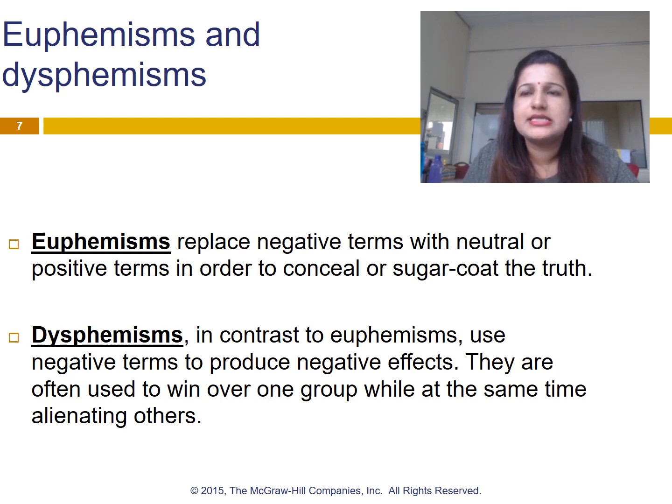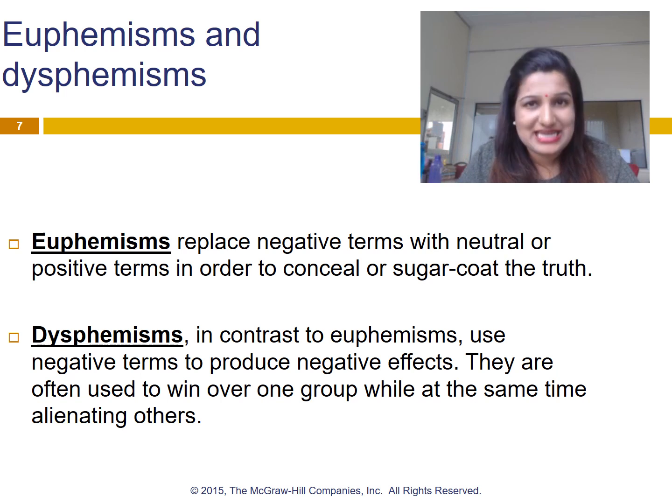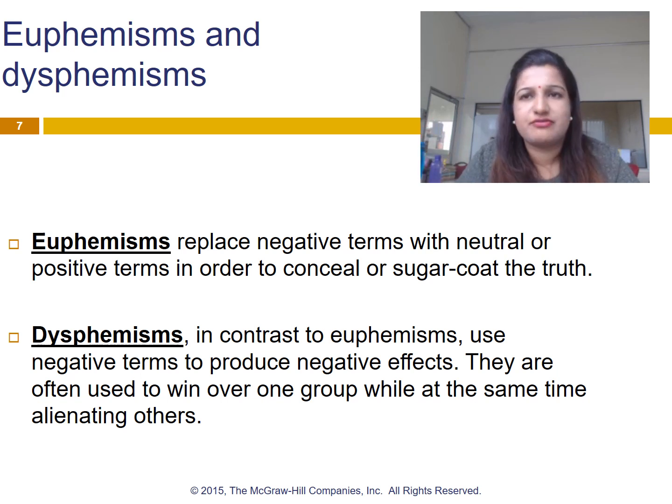Dysphemism. Dysphemism, in contrast to euphemism, because if you notice these two terms are very close to each other, actually uses negative terms to produce negative effects. Can you see the difference? Euphemism actually has a positive term to replace a negative term, whereas dysphemism uses negative in order to produce a negative effect.